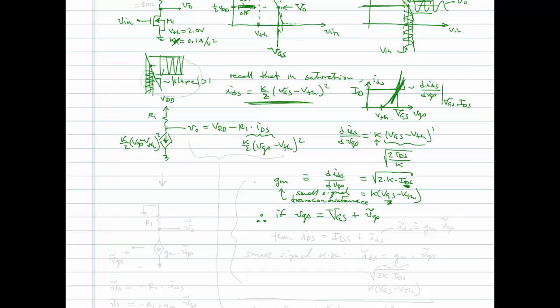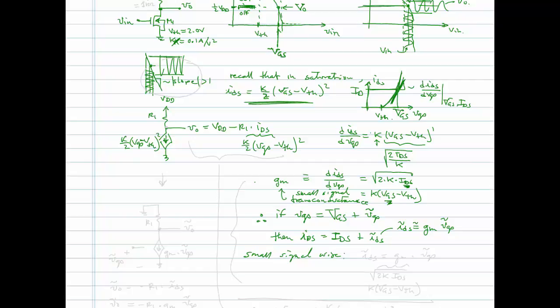Then we can say that IDS is going to be equal to some big capital IDS plus some small signal IDS, where little IDS is going to be approximately equal to GM times little VGS.